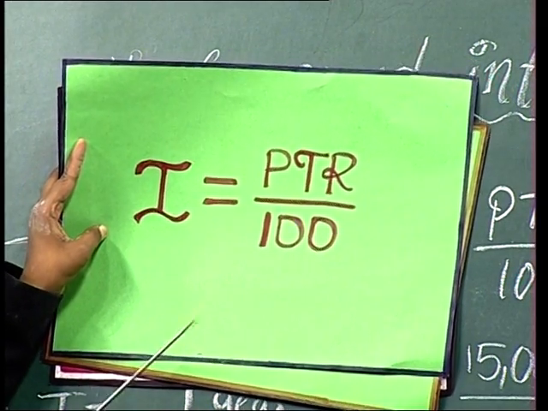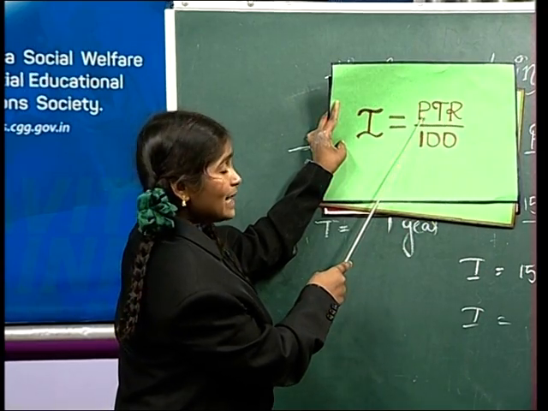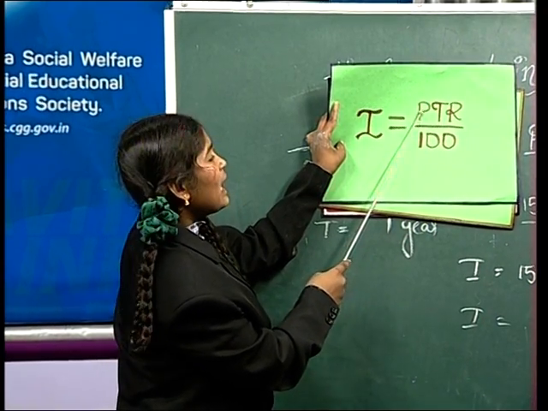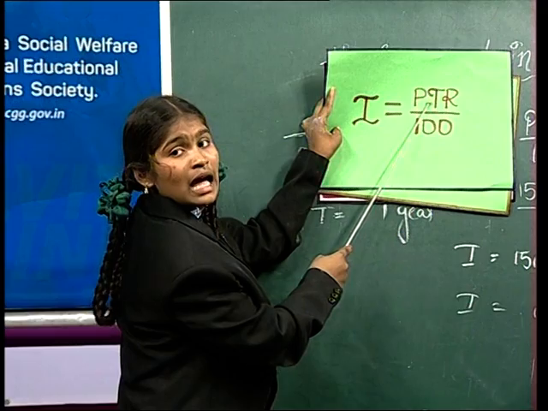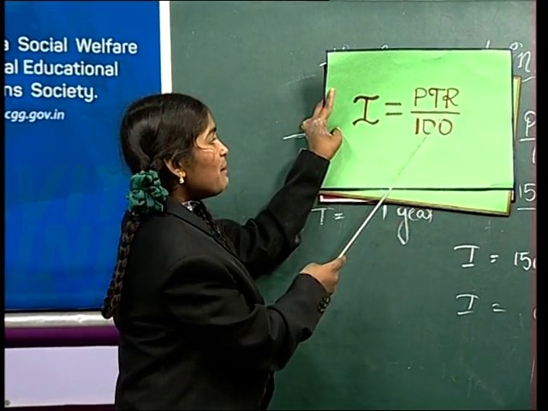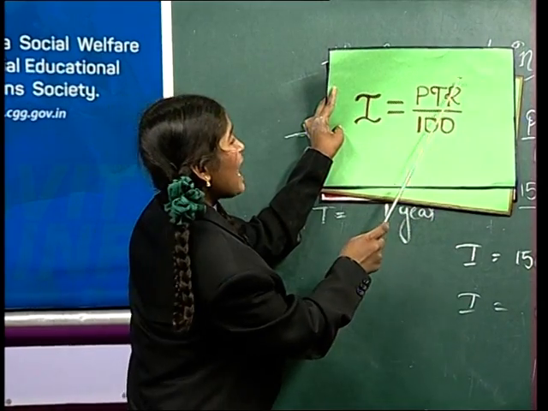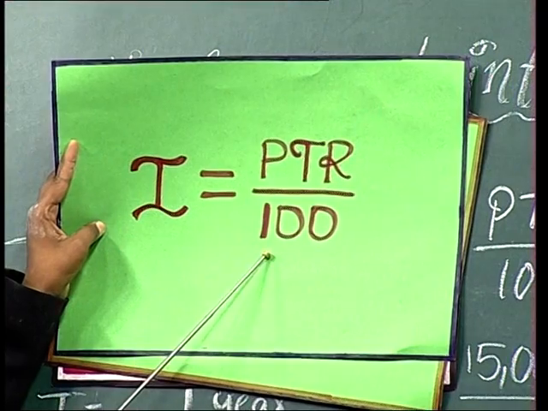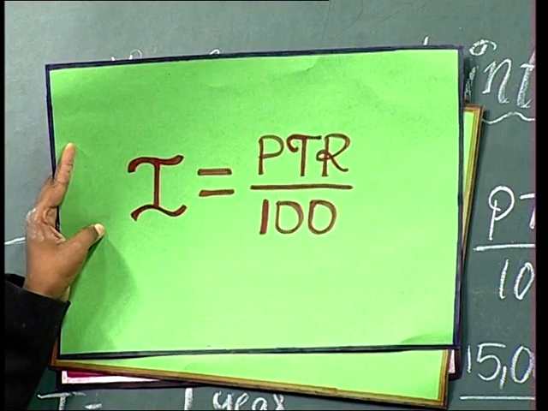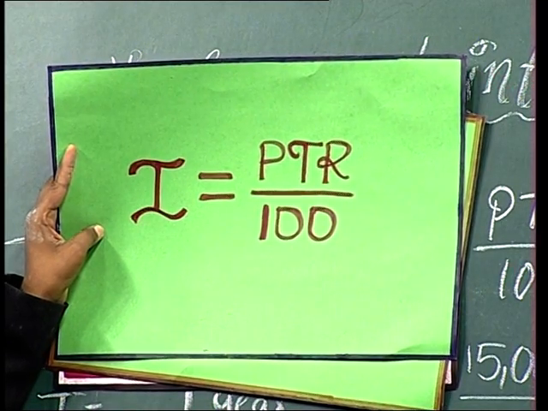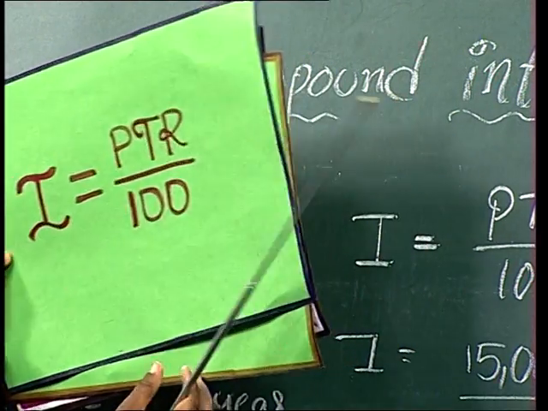We studied first that P means principal, T means time, and R means rate, by 100. Do you know why we kept by 100? Because R means percent, so we put by 100. 100 is already in the downside. It is a denominator.